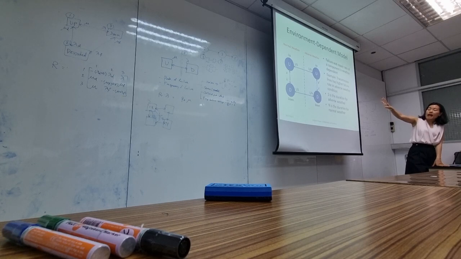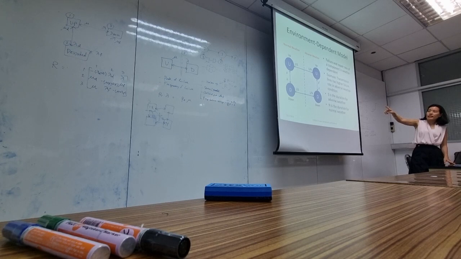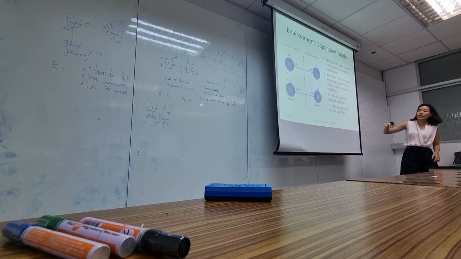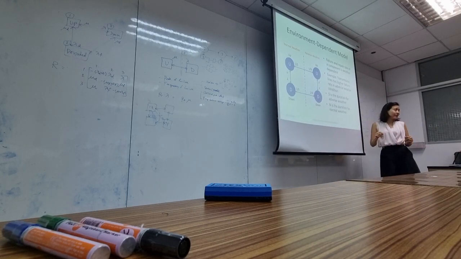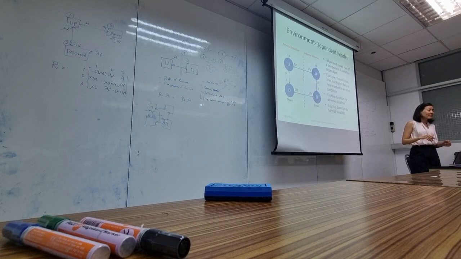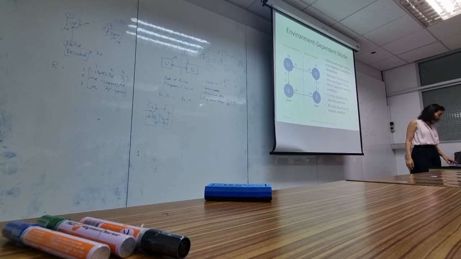So these are weather dependent failure modes. I will go through the explanation in detail in the example on how we can combine this to give us the equivalent model for the analysis. Okay, so this is the environment dependent model.